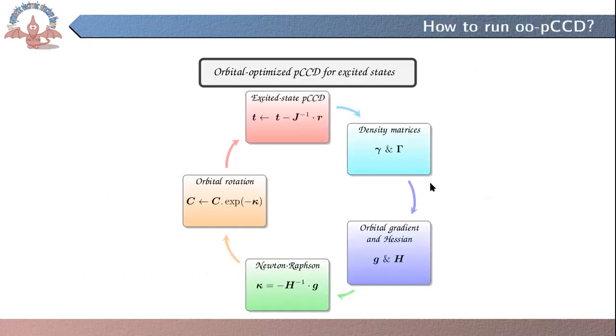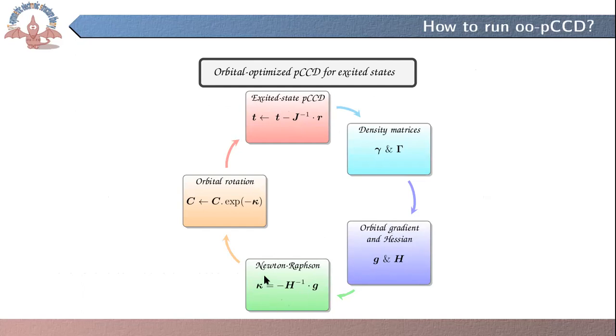So in summary, this is the picture of how we run orbital optimized coupled cluster. So we start with the canonical Hartree-Fock orbitals, let's say. You can change the occupancies if you're targeting an excited state. And then we solve the coupled cluster equations based on information on the Jacobian. Once we solve for it, we build up the 1 and 2 electron density matrices, which gives us also the orbital gradients and the Hessian.